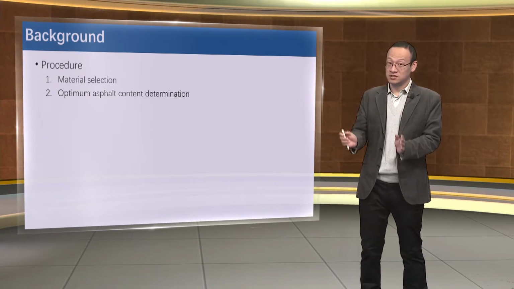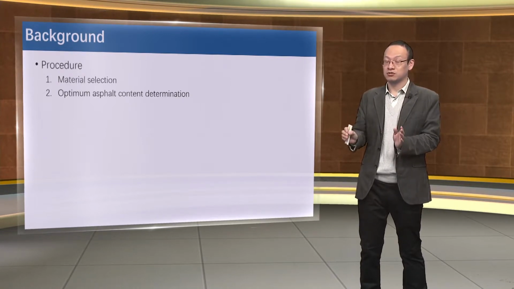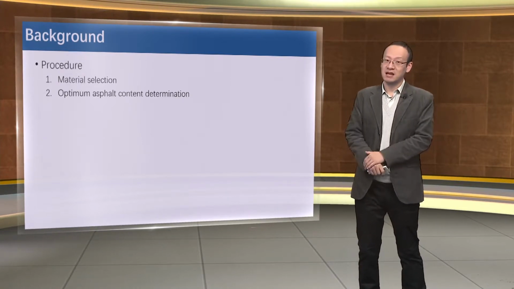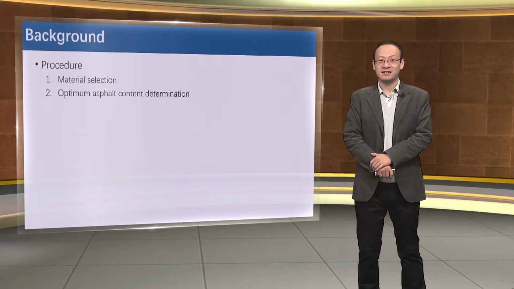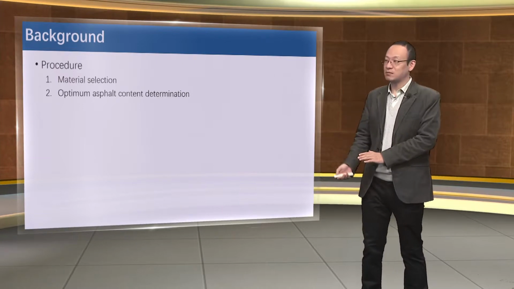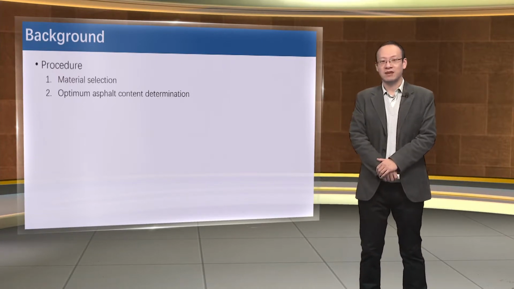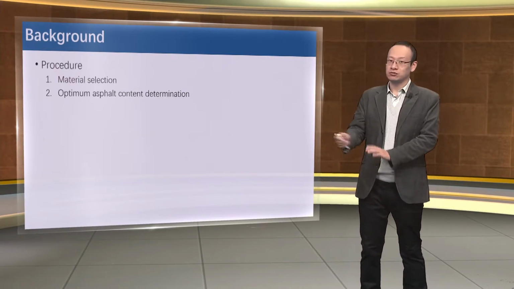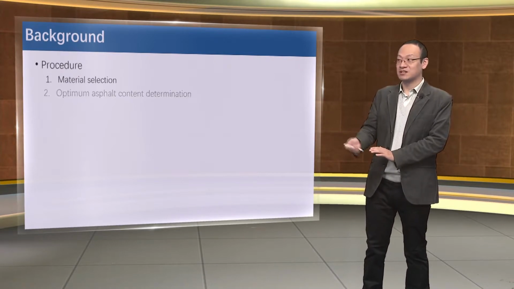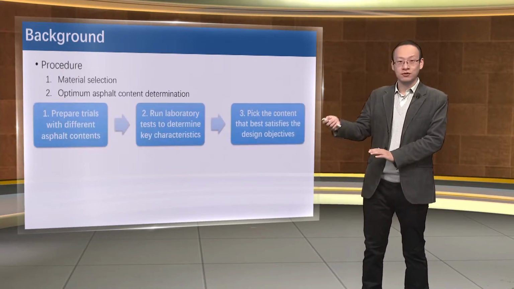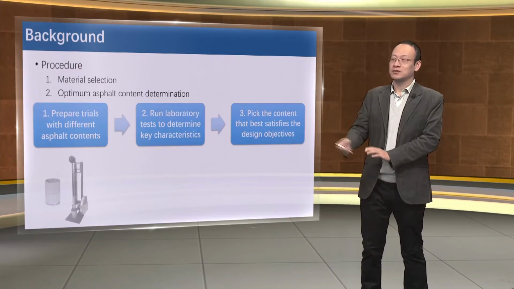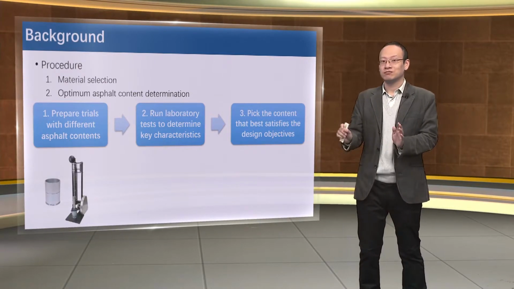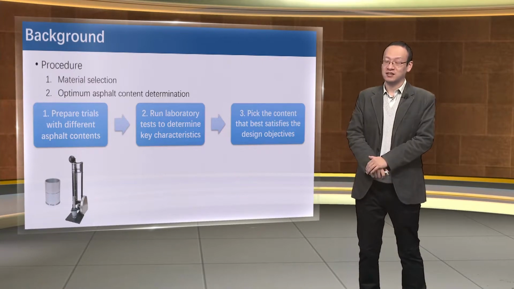So the design method generally includes two steps. First step, select the material. Select a good quality asphalt and aggregate. Second step, determine optimum asphalt content. How to do that? We have three steps. So the first step is to prepare trials with different asphalt content in the lab.